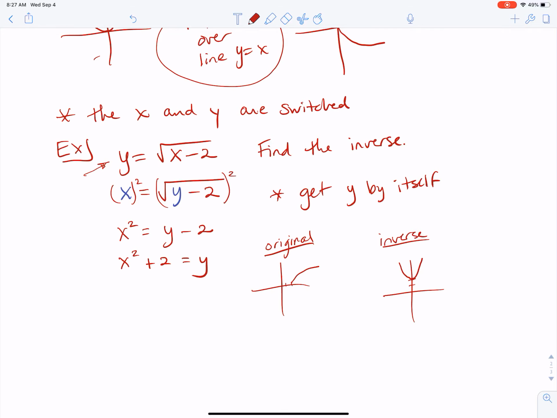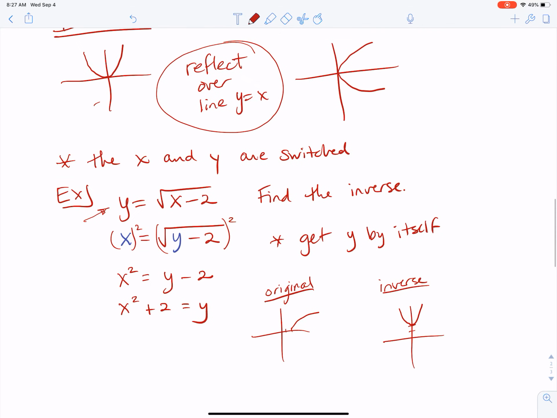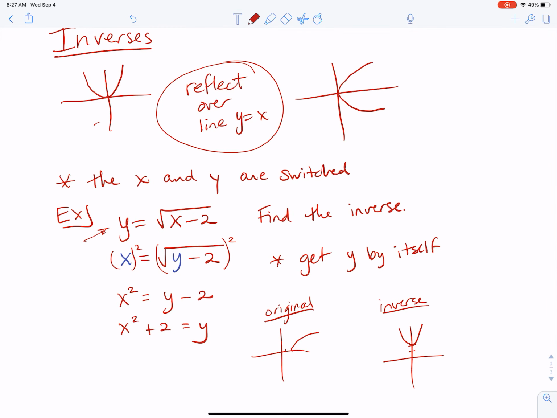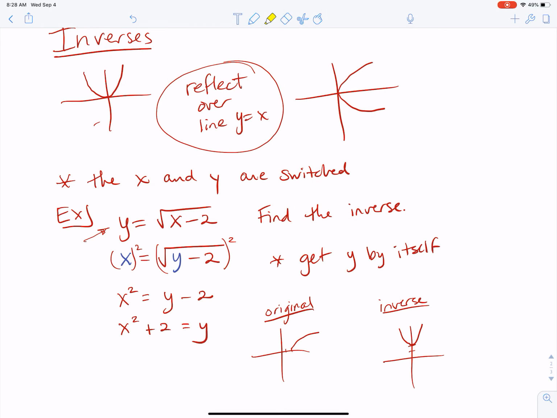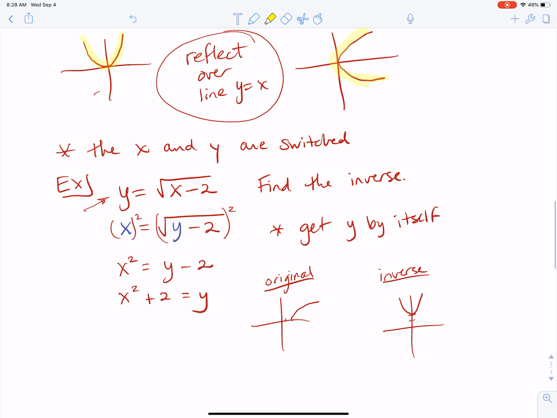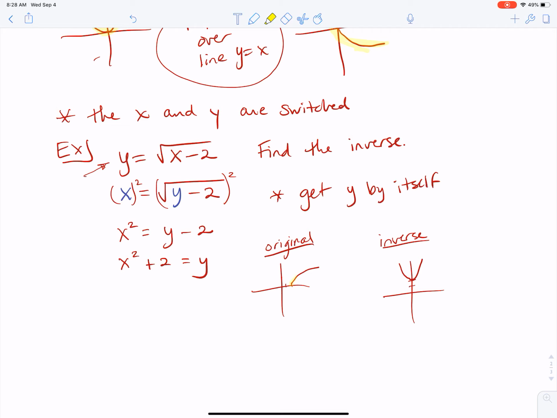Okay, and so the issue here is, if I go back to what I first drew at the top, I said that an inverse has to be a reflection of the original over the line y equals x. If we look at what we have here, my original is kind of a sideways half parabola, but my inverse ends up being a whole parabola. So that's a problem. They're supposed to be the same shape, just reflected over the line y equals x.